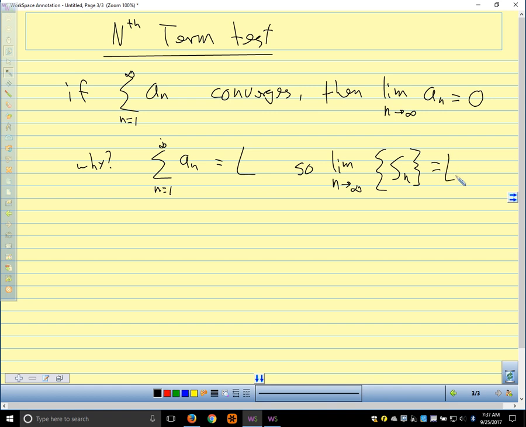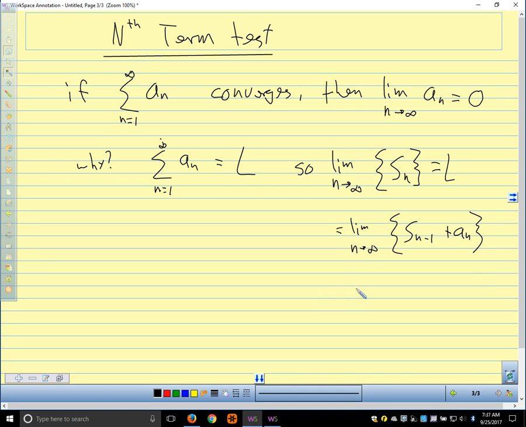The sequence of partial sums converges. And this equals the limit as n approaches infinity of one less term plus the nth term. We're just adding one more term here.